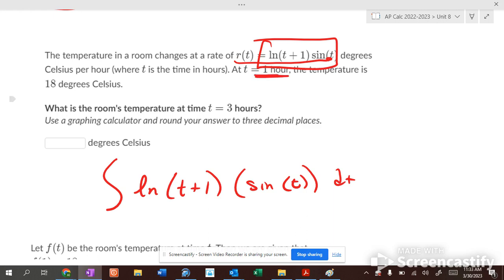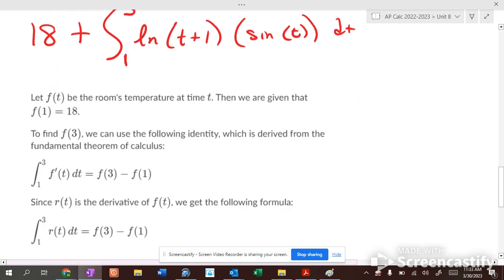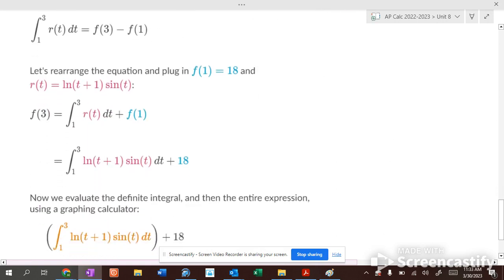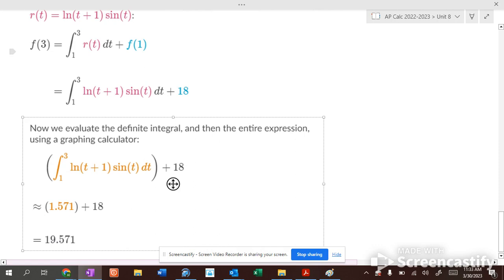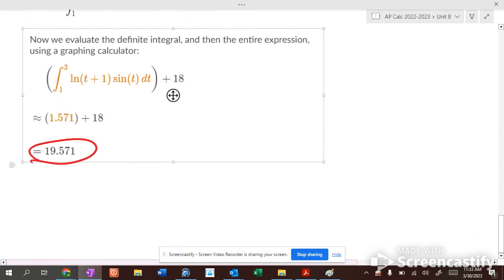So at 1 hour, the temperature is 18 degrees. So we're changing from 1 hour to 3 hours. We started at 18 degrees. Okay? And so, again, that is the same as what they did here. And they got 19.571.